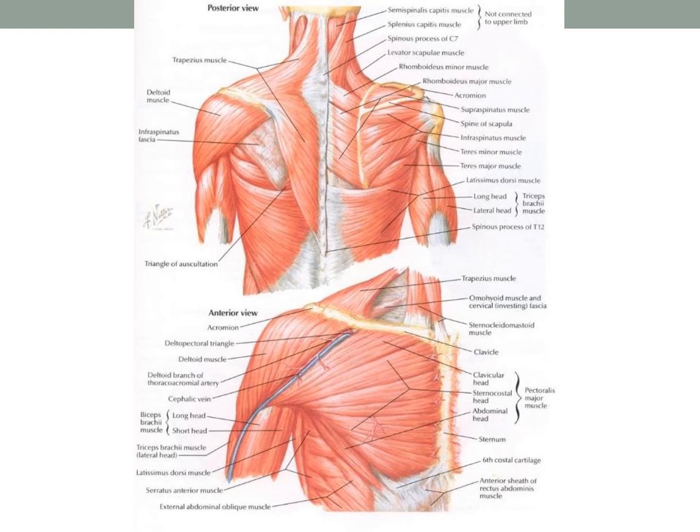The movements of the shoulder girdle and joint also are a wide range because it is a saddle joint, and that would be elevation, depression, upward rotation, downward rotation, protraction, retraction, flexion, extension, abduction, adduction, horizontal abduction, horizontal adduction, medial and lateral rotation.